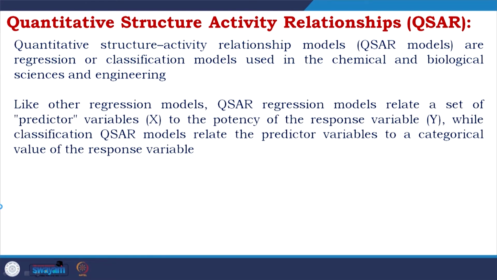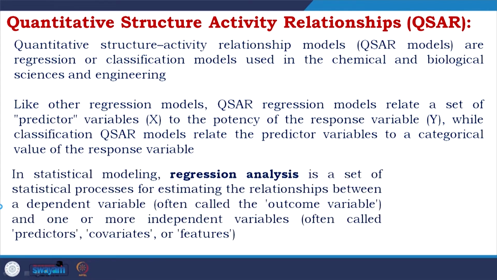Like other regression models, QSAR regression models relate a set of predictor variables x to the potency of the response variable y, while classification QSAR models relate the predictor variables to a categorical value of the response variable. So, my definition of QSAR is based on regression, and if you do not know about regression, regression is used in statistical modeling.